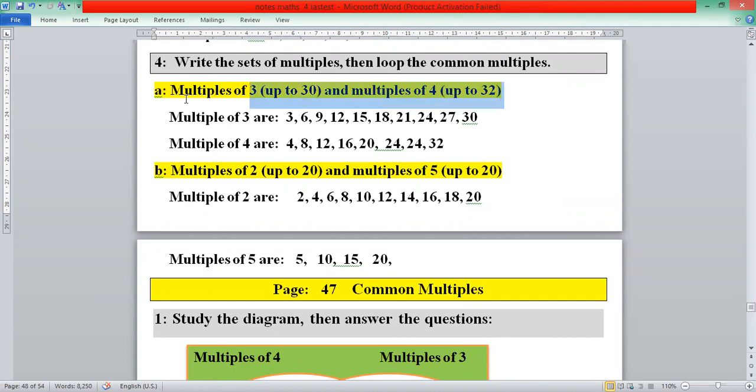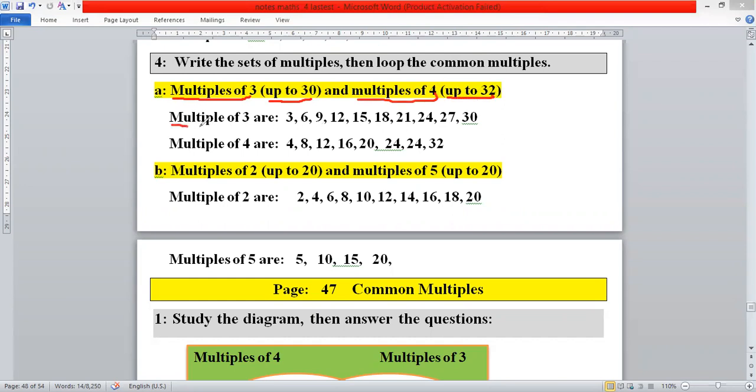The first statement is multiples of 3 up to 30 and multiples of 4 up to 32. Means we shall write multiples of 3 up to 30. We will not exceed 30. After that, we will write the multiples of 4 up to 32.